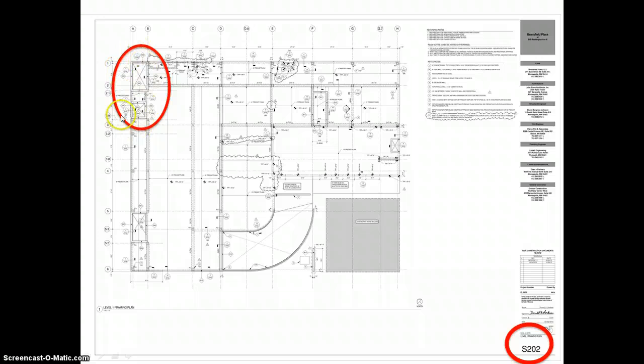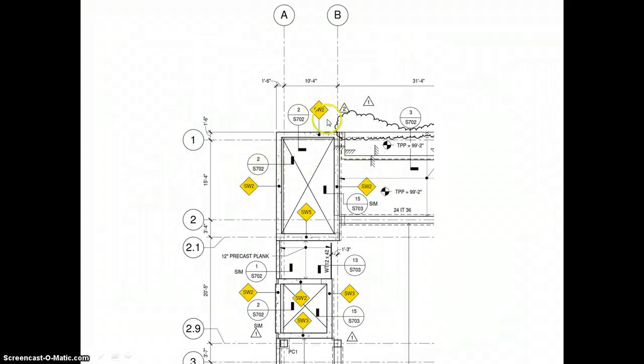If we look at that, go back to the structural plan, and of course sheet, which is structural S202, this is the first floor plan, and it starts to lay out where columns and walls and structural walls are. So we want to specifically look at this.